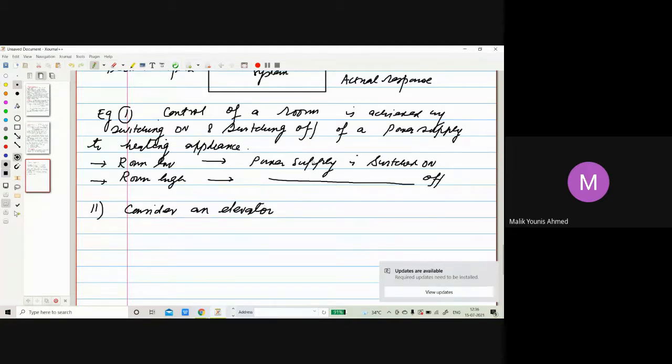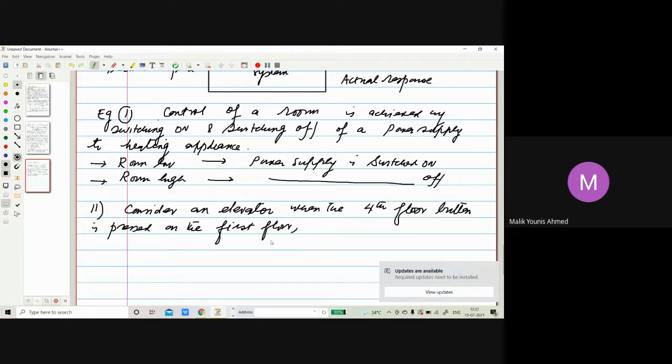Consider an elevator when the fourth floor button is pressed on the first floor. If you have to go to the fourth floor, you will go inside the elevator and press the button of the fourth floor on the first floor itself, because you will be starting from the first floor.